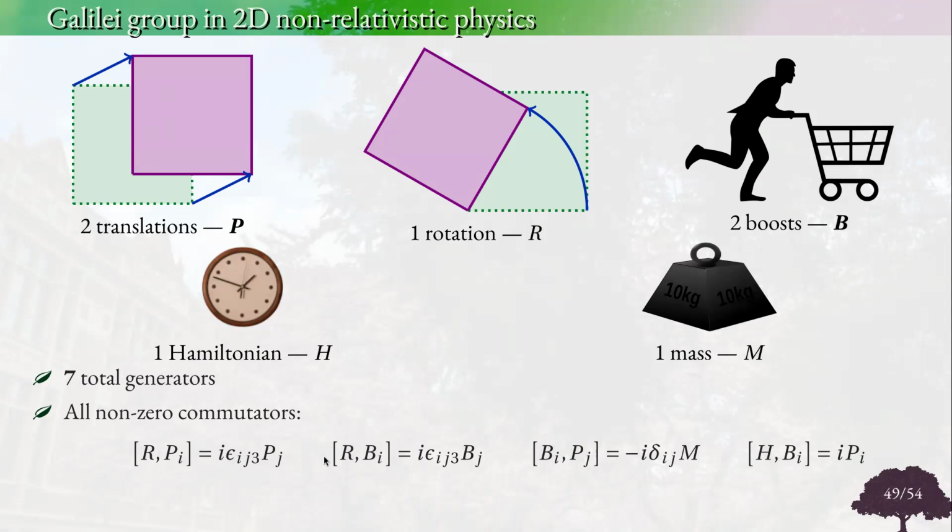All the non-zero commutators are written here. Your rotation transforms your translations and boosts as if they're two-dimensional vectors. Your boosts will change your momentum in a way proportional to your mass, P equals mv and all that. And your Hamiltonian does not commute with your boost because your boost changes your energy.